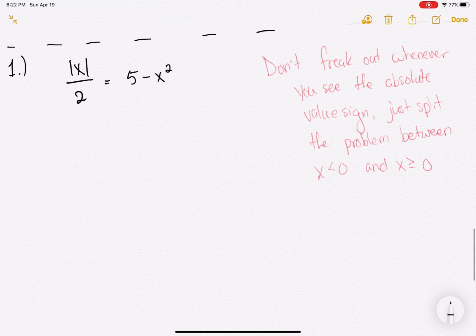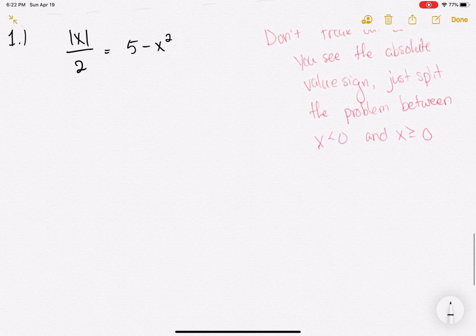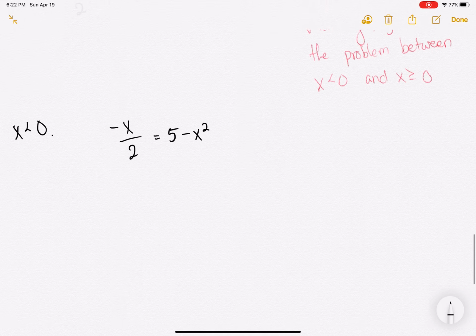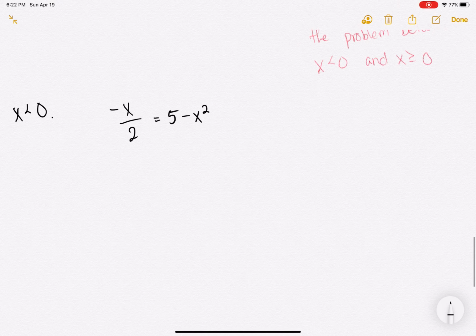So let's just do that. So x less than 0, the absolute value sign becomes minus. Well, what do I do here? I add x squared to both sides. I'm just solving for x right now. x squared minus x over 2 plus 5 equals 0.